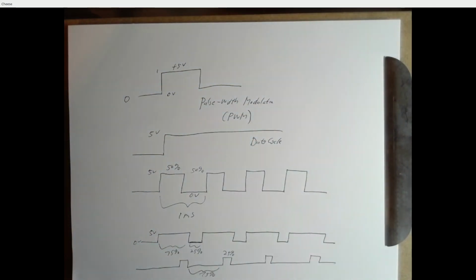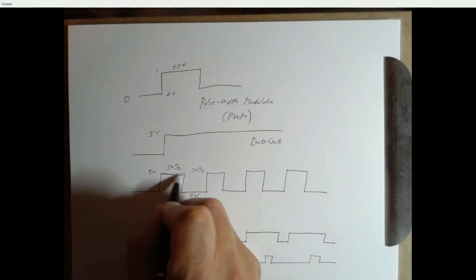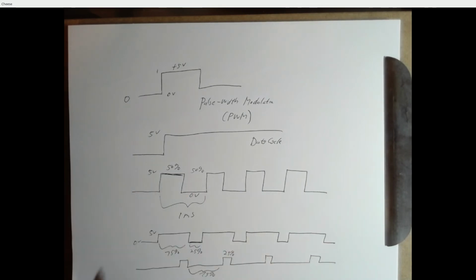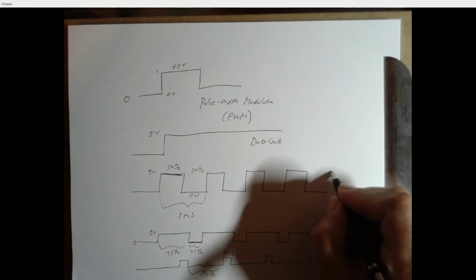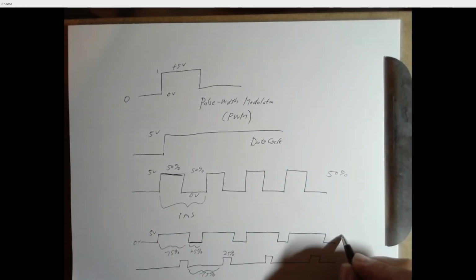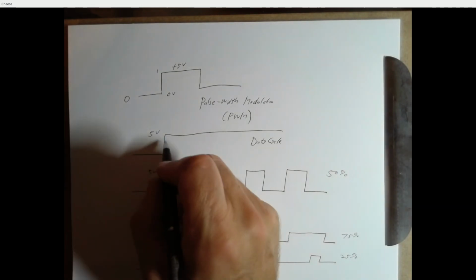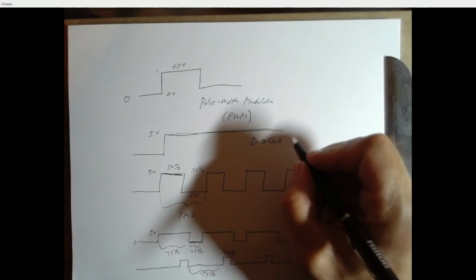And the duty cycle is usually how long it's high versus the entire duration from one pulse to the next. So this is a 50% duty cycle. This is a 75%. This is a 25%. Up here, if the motor is just on all the time, that's 100%.